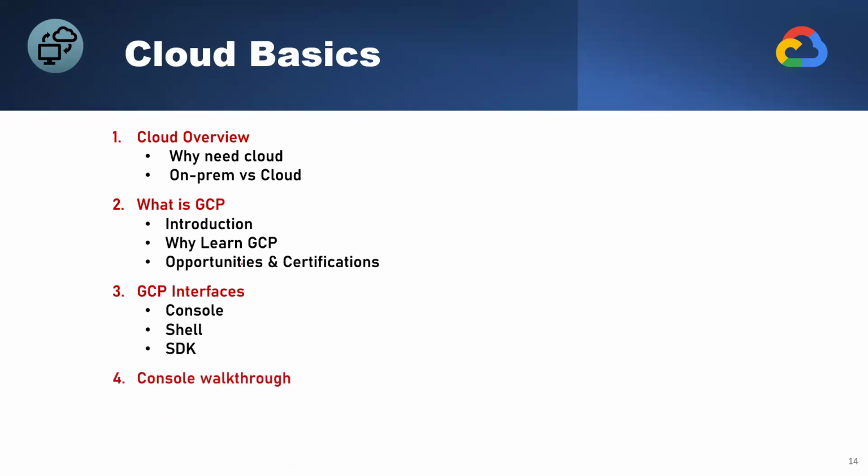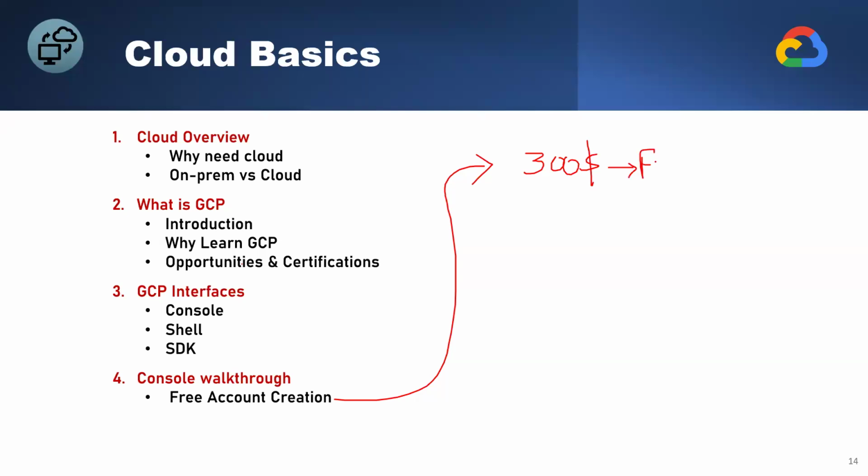In the fourth topic, I am going to tell you how to create a free tier account. Google Cloud Platform provides you $300 for free for the next 90 days. The validity is 90 days. I will show you how to create this free account.